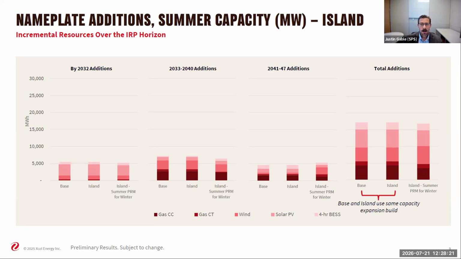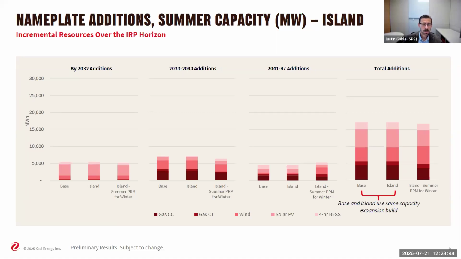So the next slide, we're talking about our islanded scenarios. So we really have 3 different build or portfolios that we can compare. What we call our base, and then we have our islanded scenario, which is a fully islanded approach, but it maintains the PRM requirements and ELCC values.